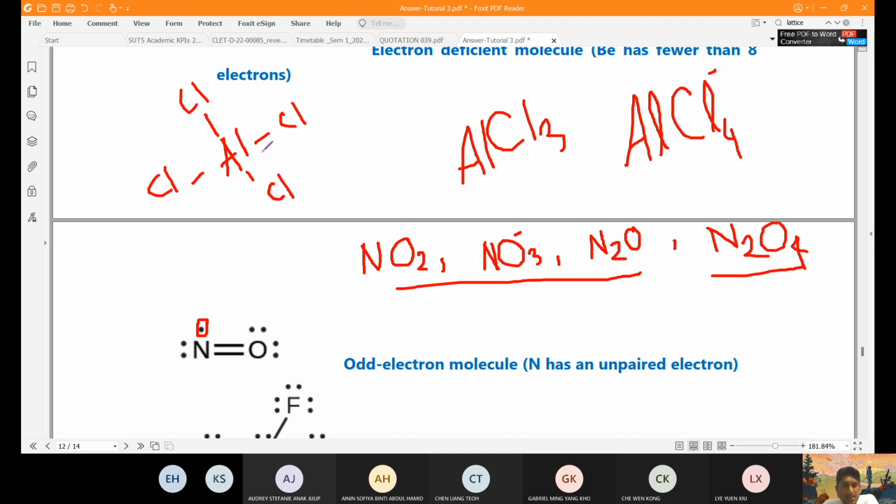And in this case, I want you to guess which of these elements in this molecule, aluminium or chlorine, will carry the charge for aluminium tetrachloride. It is carrying one charge. Where will it carry the charge? Who will carry that charge? What do you think? Aluminium or chlorine?